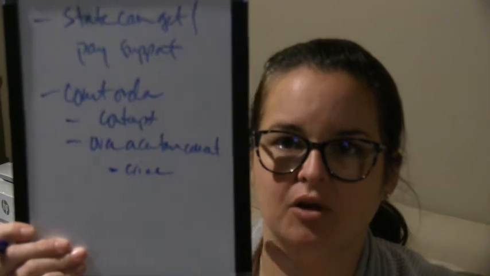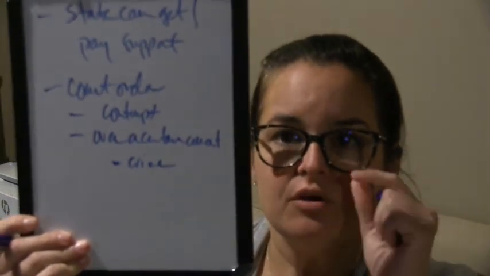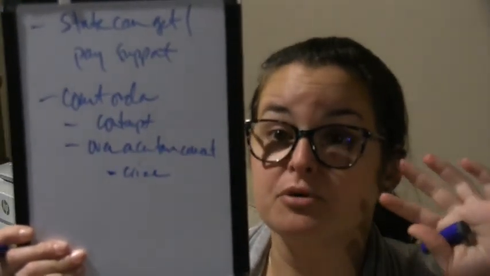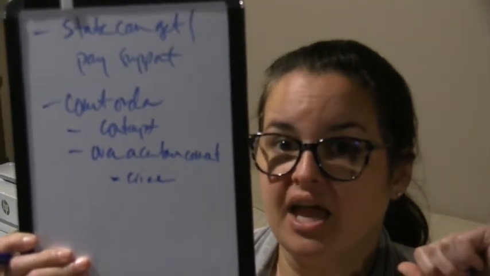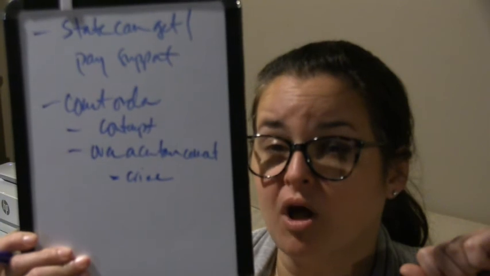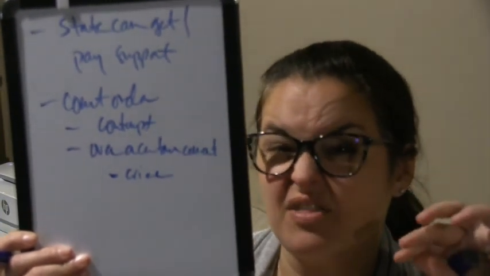So let's say we've gone through court and there's a child support order and the payor stops paying. They have an arrearage. Over a certain amount, I'm sorry, this is terrible handwriting, but if they stop paying pursuant to a court order that goes on long enough, and that the arrearage gets large enough, and we're talking tens of thousands of dollars.